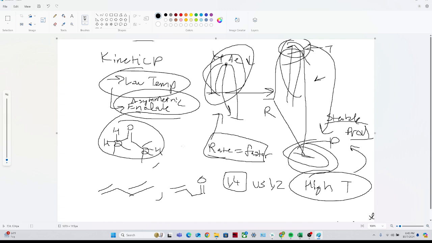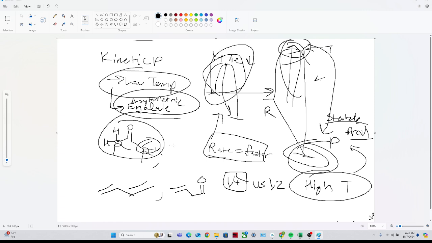I'm not going to go in depth about enolate chemistry and why it is and why it's not, but I'm just giving you a very brief fundamental overview. The more substituted side is going to be the thermodynamic product. There are reasons for it, but that is going to be a much more stable compound right here.